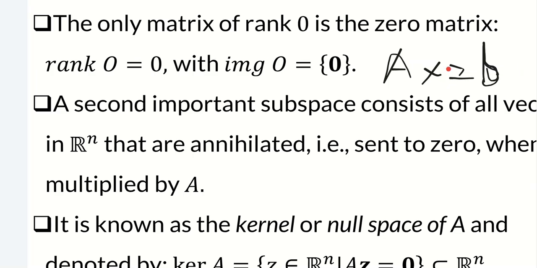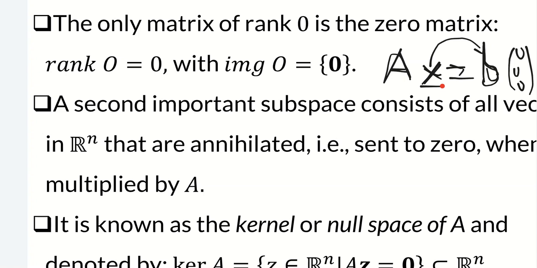When we talk about a kernel, we are using the matrix to transform this vector to this, but our main interest is that we want b to be 0. The matrix is like a machine: if I put the x inside, what I want out is 0.